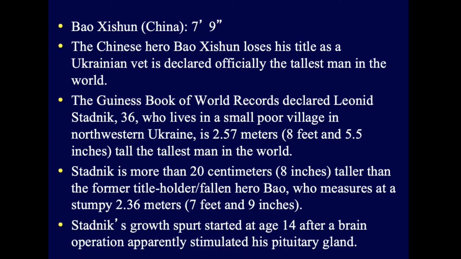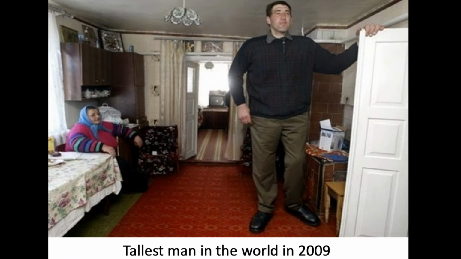And Stadnik's growth spurt started at the age of 14 after a brain operation apparently stimulated his pituitary gland. And so you can see he was the tallest man in the world in 2009.